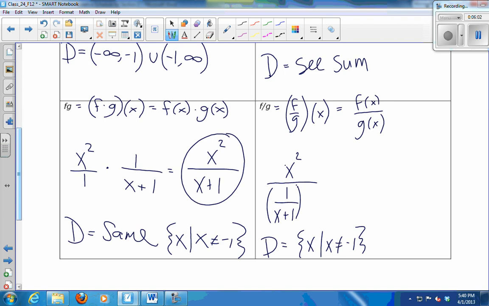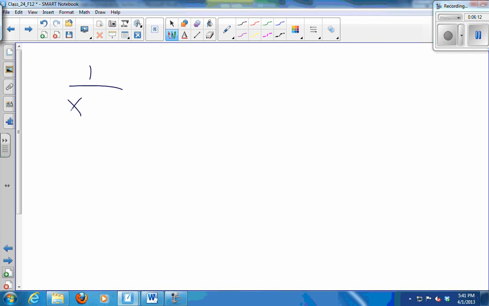But what could it be? 1 over x plus 1, can that ever equal 0? Let's check it out. Is there an x value that would make that true? Why not? Can you explain? Right. You just can't.